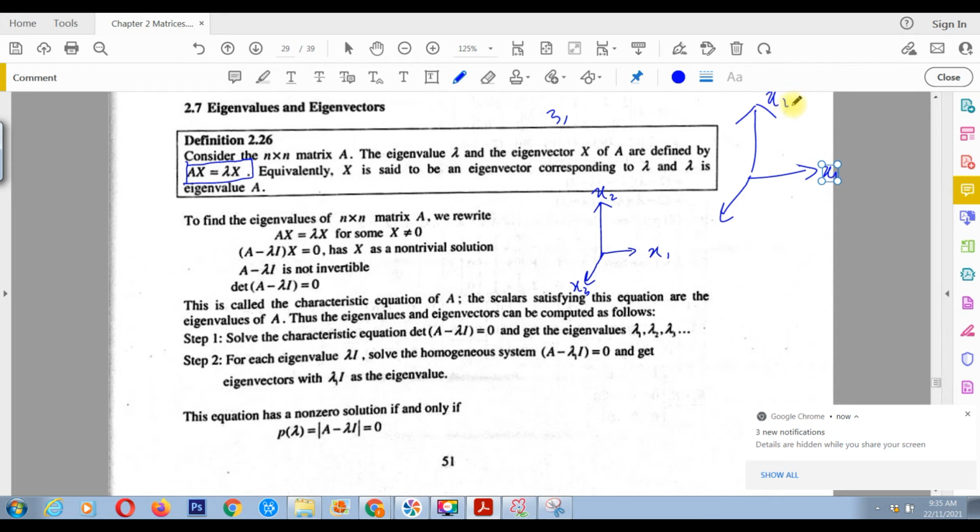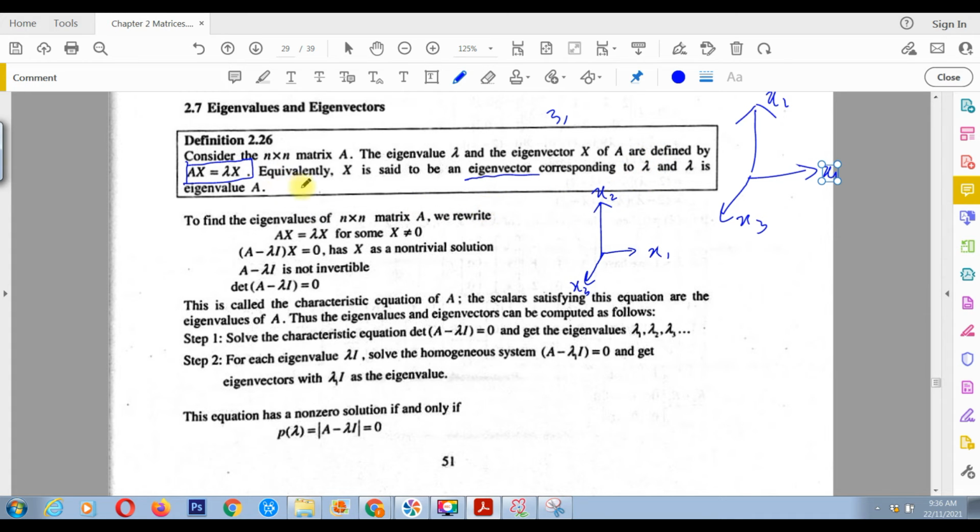We call it the same matrix, but maybe it is in another position. So that's why he said that if we have an n by n matrix, the eigenvalue and eigenvector x of A are defined by Ax equals lambda x. Equivalently, x is the eigenvector corresponding to lambda, where lambda is the eigenvalue.